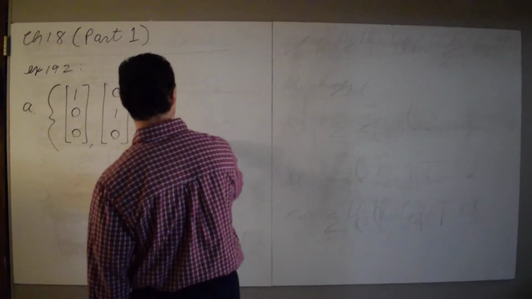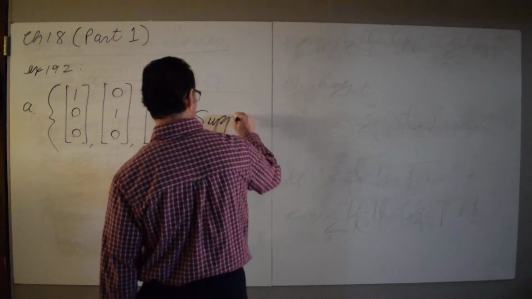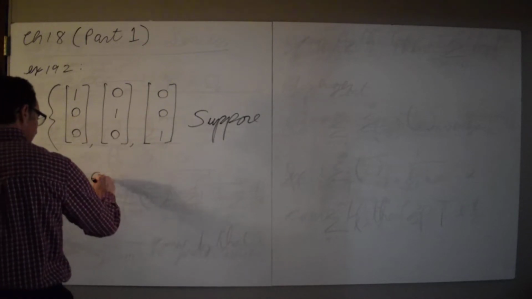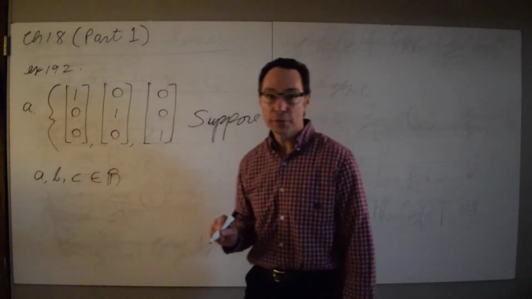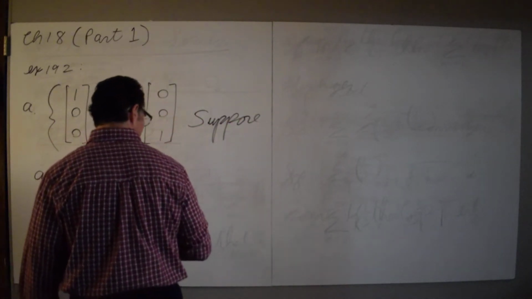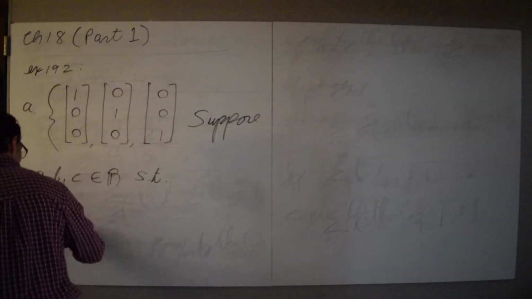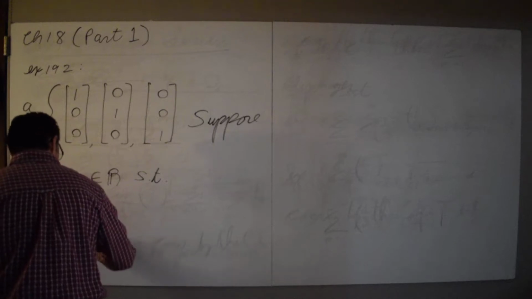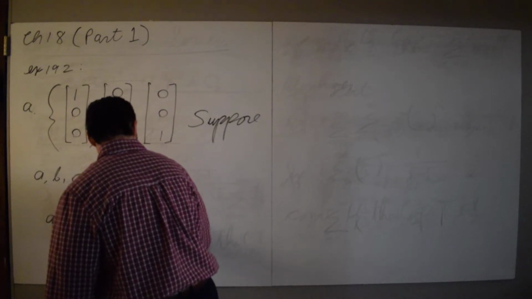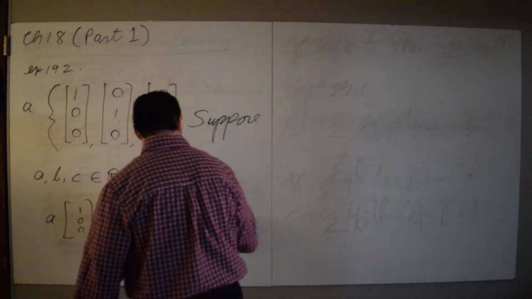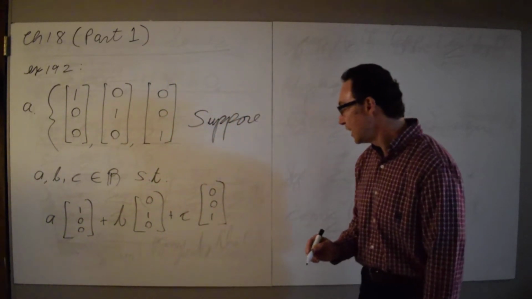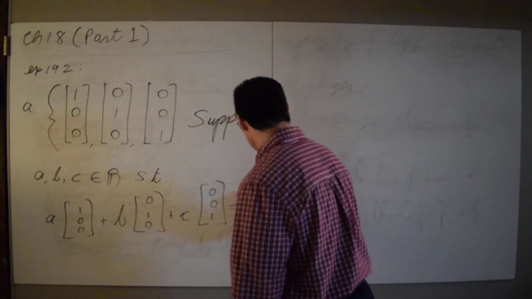So let's suppose that we have scalars A, B, and C such that A times this vector plus B times 0, 1, 0, plus C times vector 0, 0, 1, which we typically call K, is the zero vector.